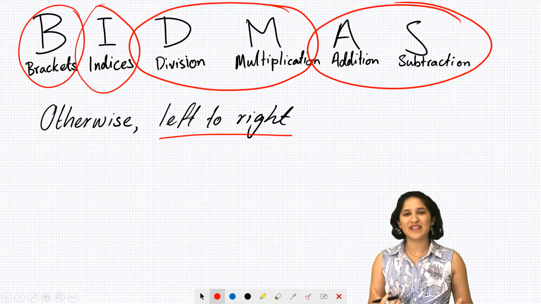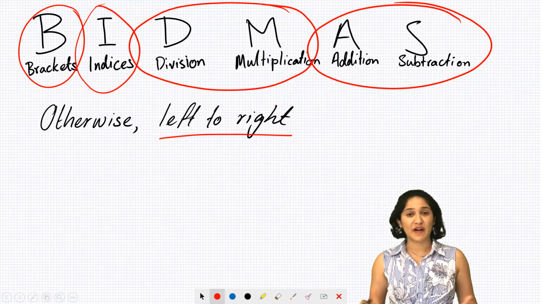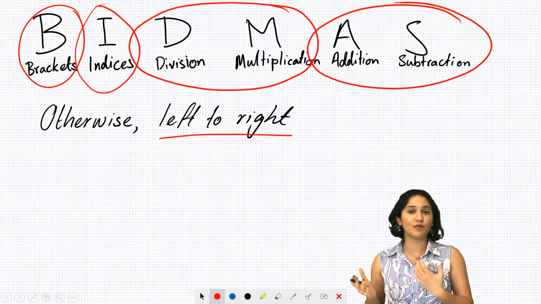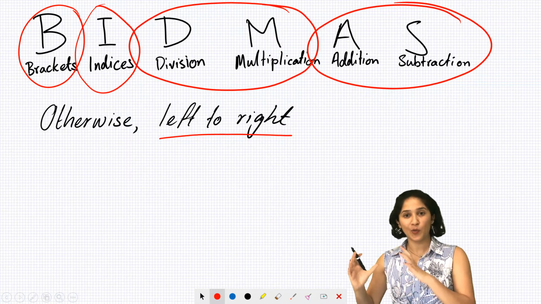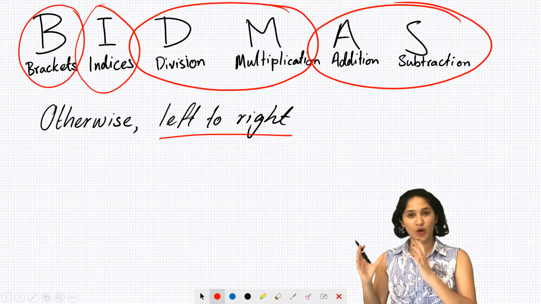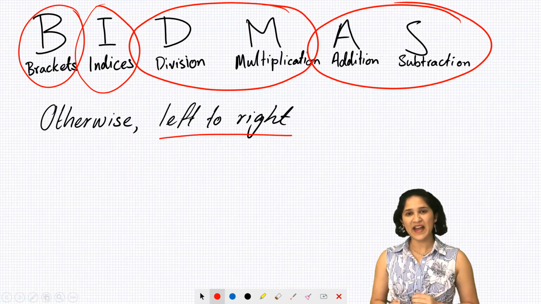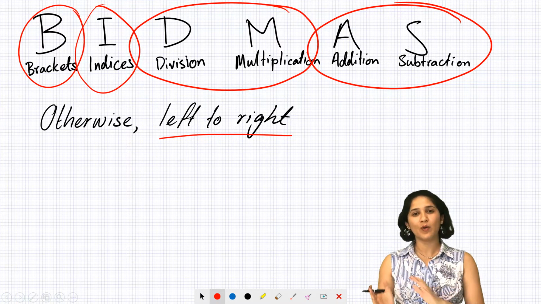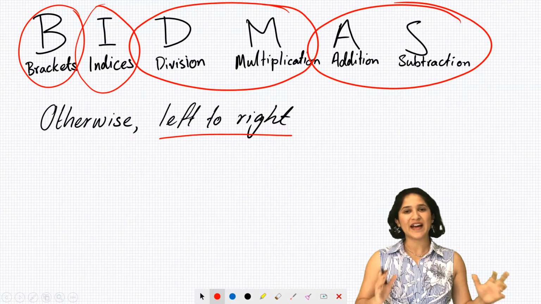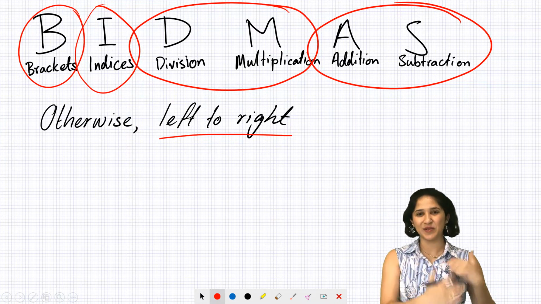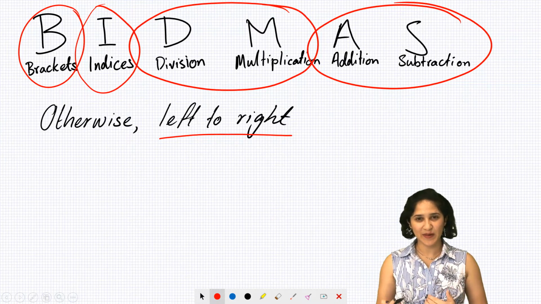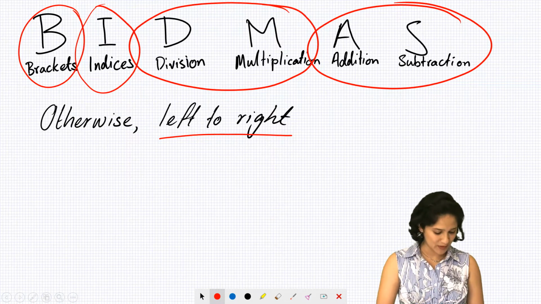So if we're thinking about maths in that way, these are our grammar rules. It's a set of rules that tells us which bits go together and what we deal with first and what we deal with last. Just like with sentences, we normally go from left to right unless something tells us to do it differently. I'll explain why I'm emphasizing that point.